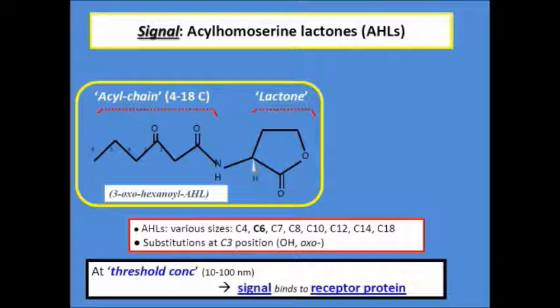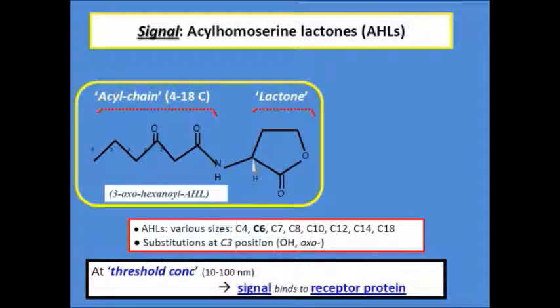We call these a C6 or C8, depending on the number of carbons on this chain. But this also expresses the identity to the cell. Certain cells may recognize only C6 and C8 signals, or just C14s. Also, they may recognize several different types of signals, and they may regulate different processes in the cell.